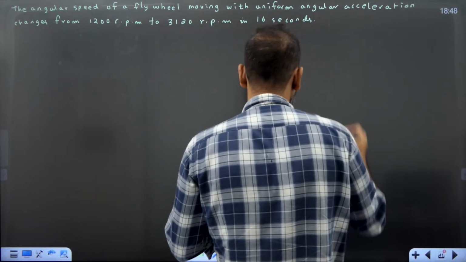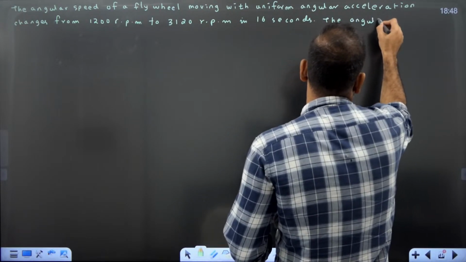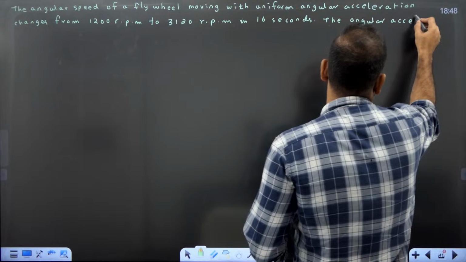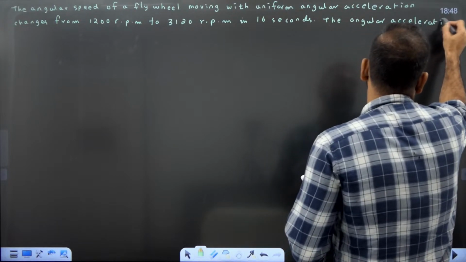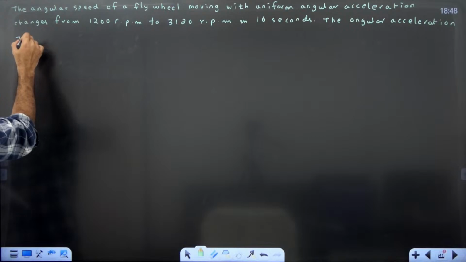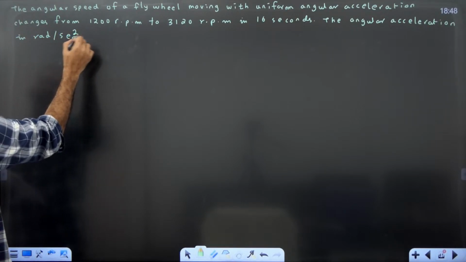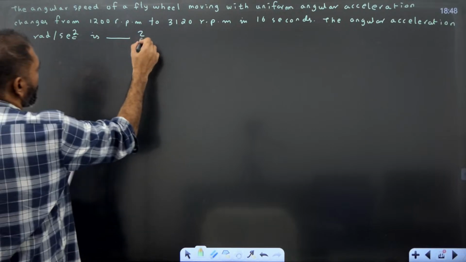The angular acceleration in radians per second square is dash.